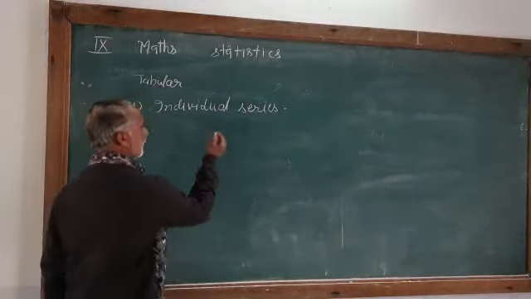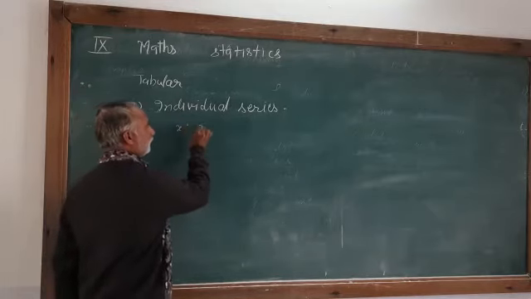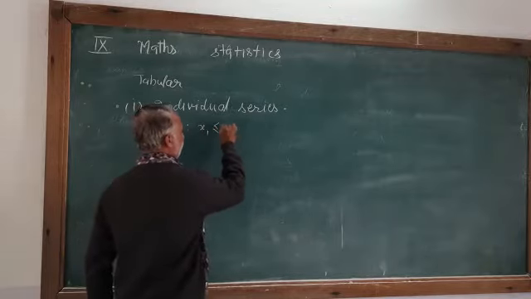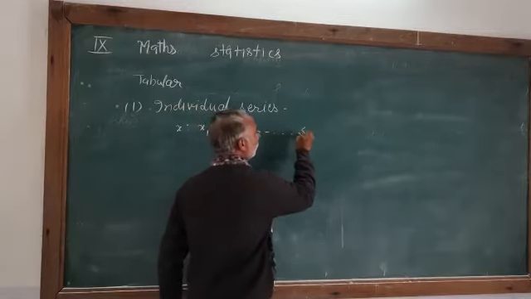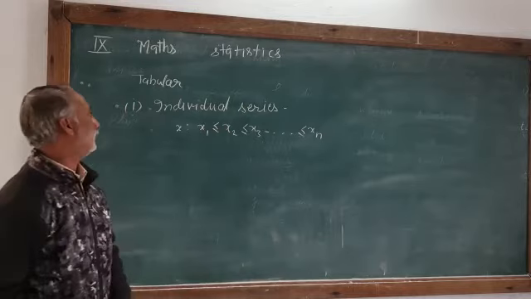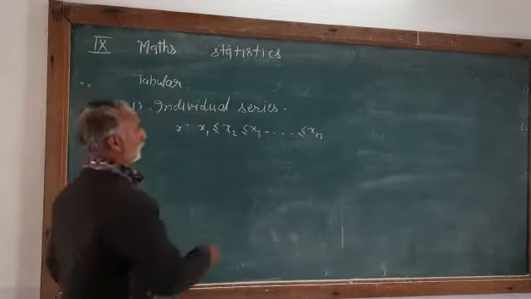Suppose the observations are x1, x2, x3, and so on. We have to arrange them either in ascending or descending order, like this, up to the last observation. Suppose there are n observations, then this type of data arrangement is called individual series. This is ungrouped.